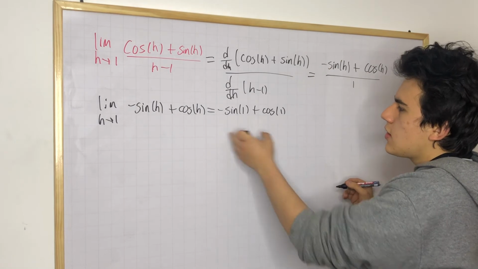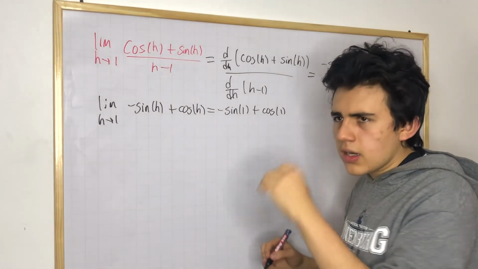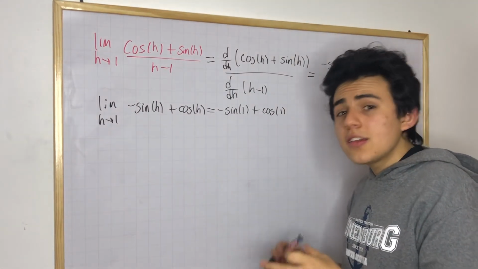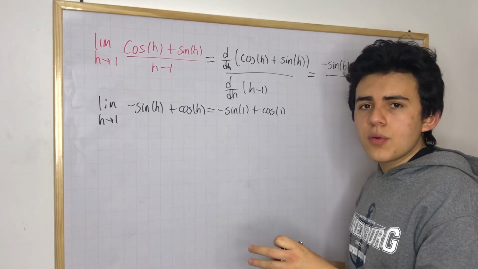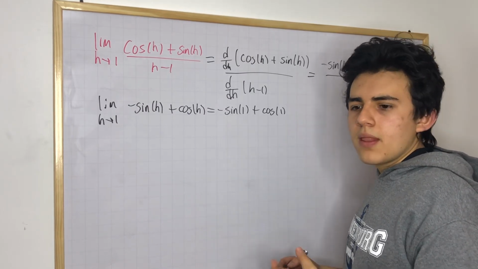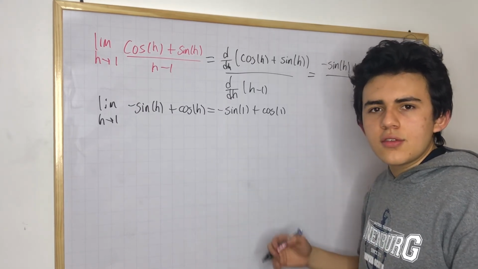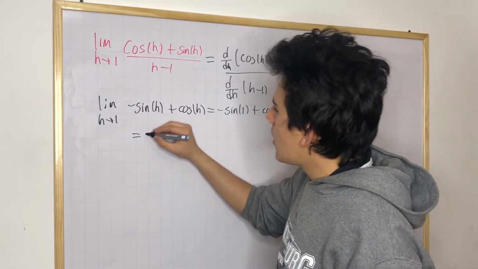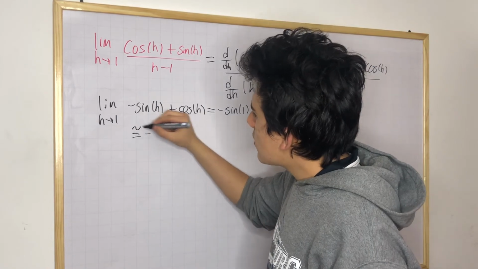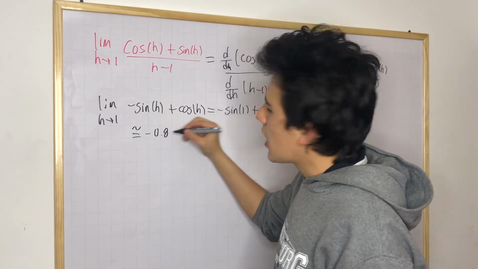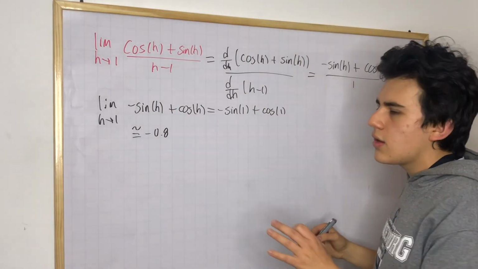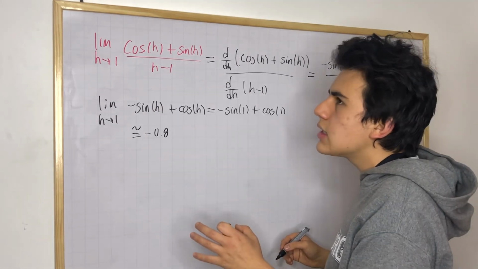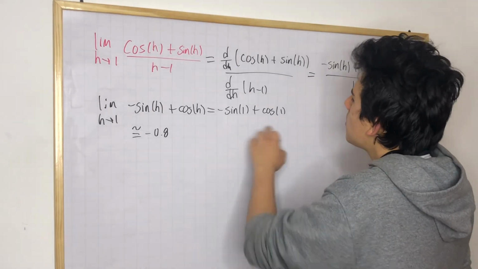Now, how much is this? Approximately, sine of 1 is, give or take, like 0.8. You can confirm it with a calculator, but I think it's 0.8. So we're going to have negative approximately 0.8 plus cosine of 1.